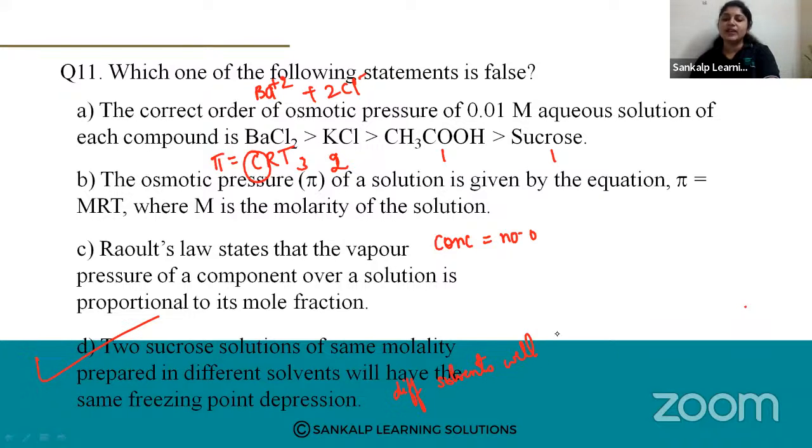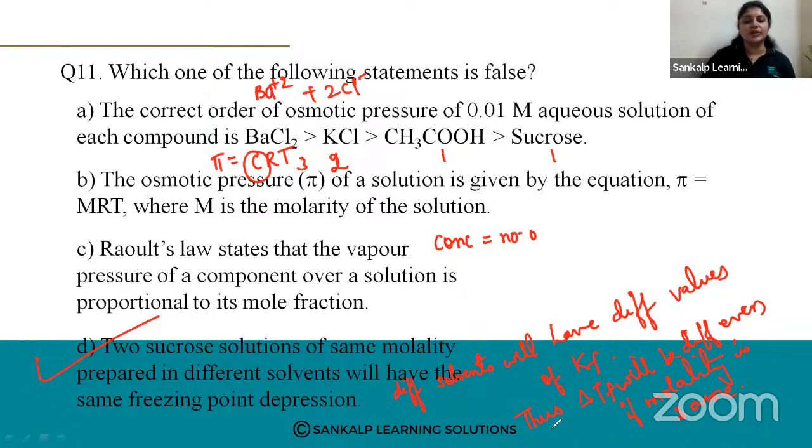Thus delta Tf will be different even if molality is the same.